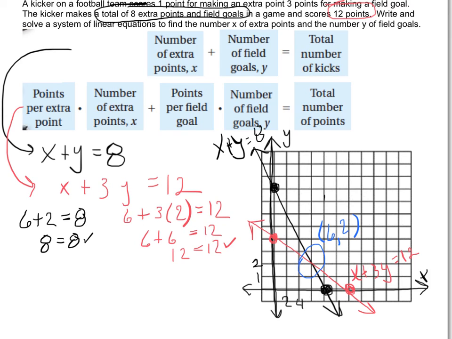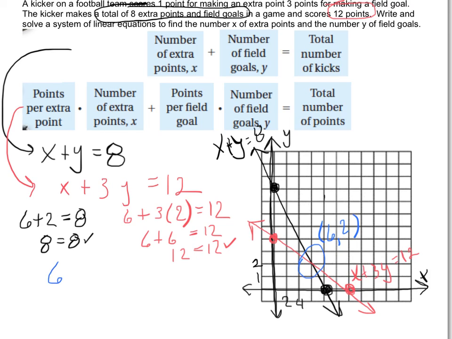So we need to make sure we answer this question. When I go way back up to the top and find what the question is asking for us, it's asking us to solve the linear system to find the number of extra points and the number of field goals. Okay, well, we've done that, so we can just answer that. But we basically have to think about our x value was the extra points.